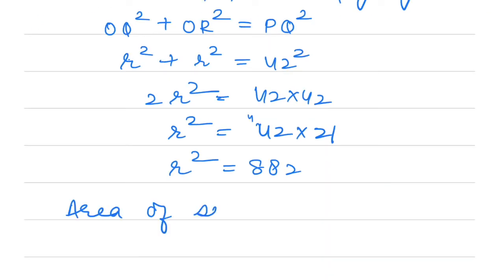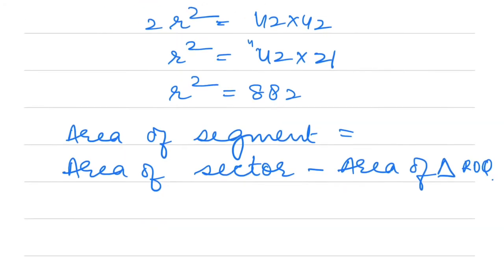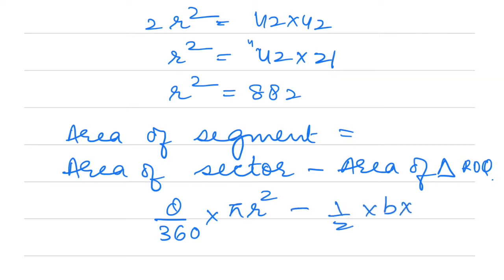Area of segment here is equal to area of sector minus area of triangle ROQ. The formula for area of the sector is theta by 360 into pi r square, minus half into base into height.